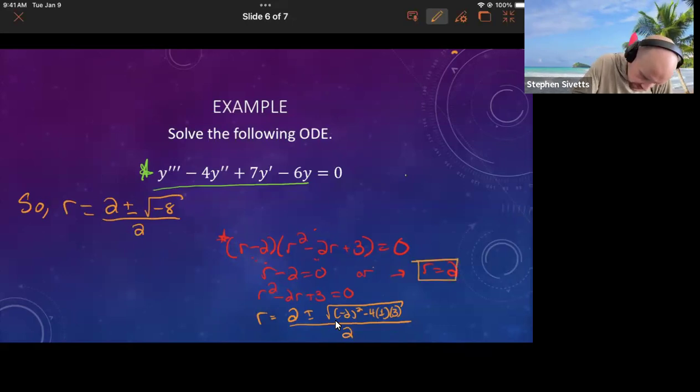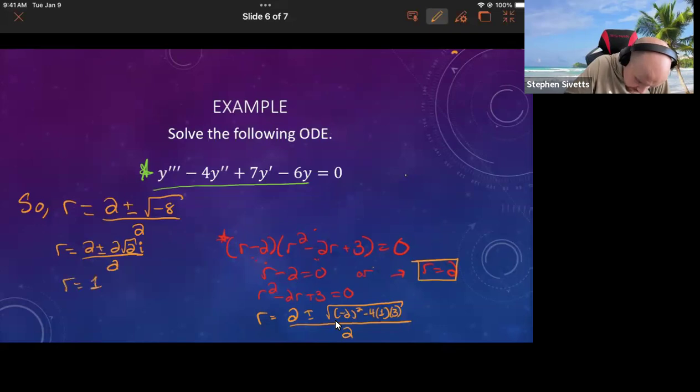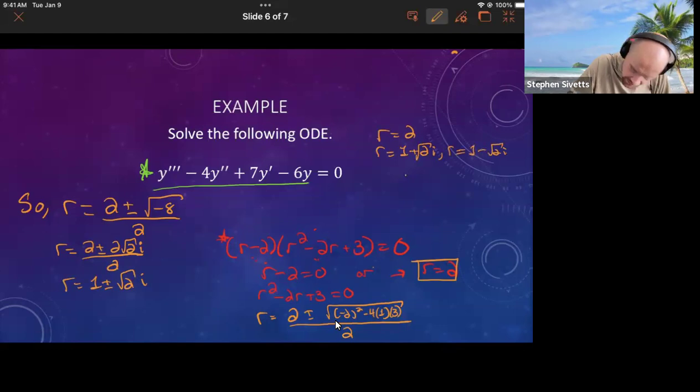So we have r equals 2 here, and then r is equal to 2 plus or minus 2 root 2 i over 2. And then r is equal to 1 plus or minus root 2 times i. So we have 3 roots: r equals 2, r equals 1 plus root 2 i, and r equals 1 minus root 2 times i.